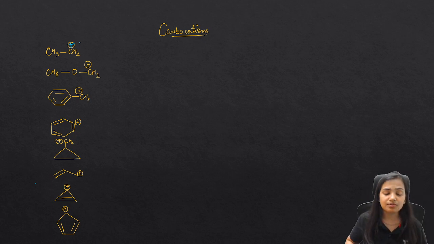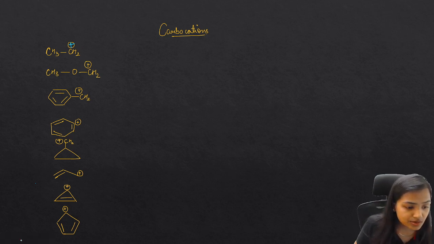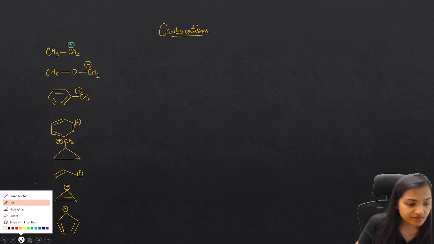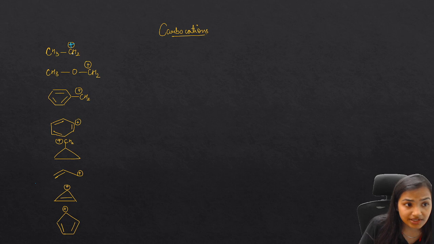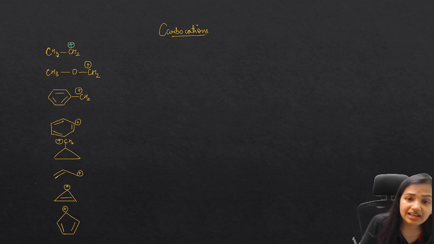So before learning about the stability of carbocations, let's look at what types of carbocations we could have. This is a carbocation which is CH3CH2+. To understand the type of a carbocation, we always have to look at the alpha carbon.